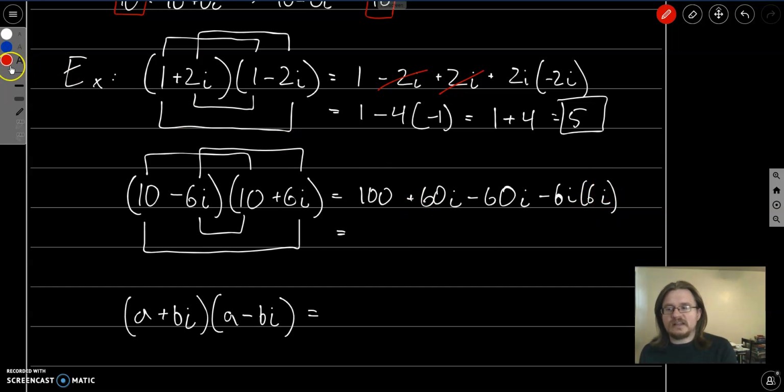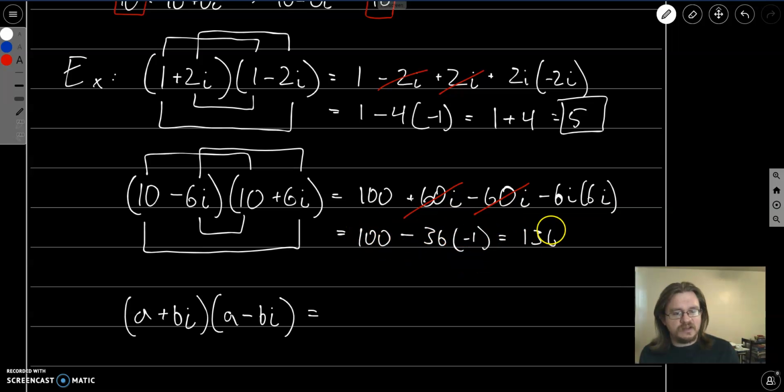And again, you'll notice that same thing happens. 60i and negative 60i, these guys cancel out. So I've got 100, and then back here I've got minus 6 times 6 is 36, and then i times i is going to be negative 1. So I get 100 plus 36, which is 136.